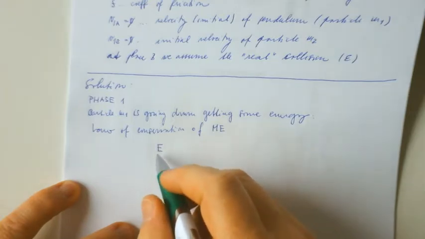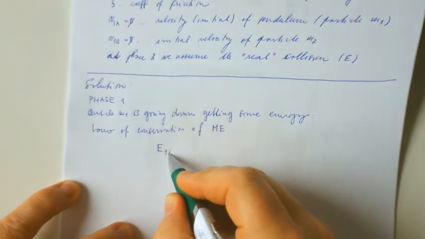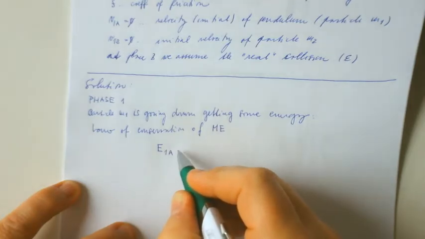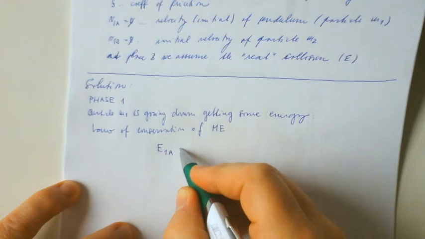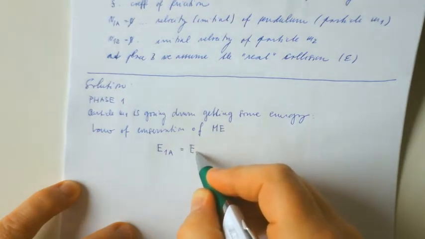The sum of energies of mass 1 at point A is equal to the sum of energies of the same particle at place B.